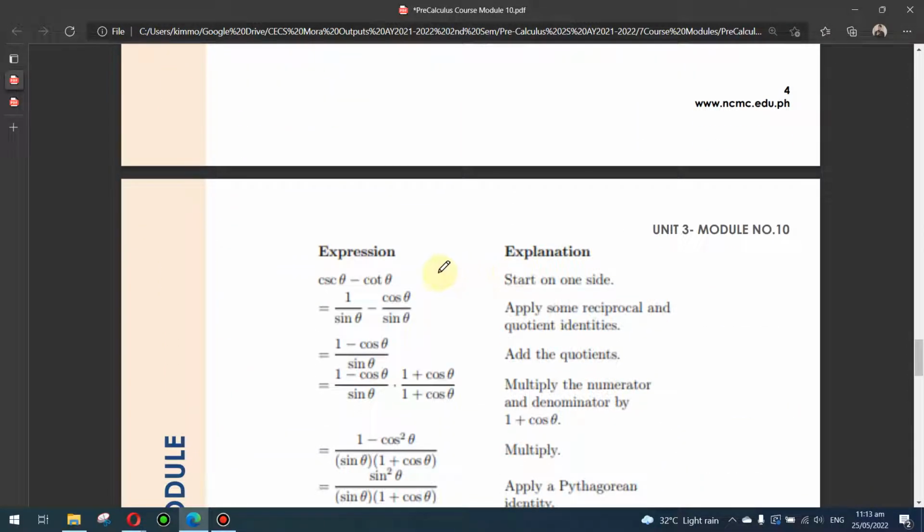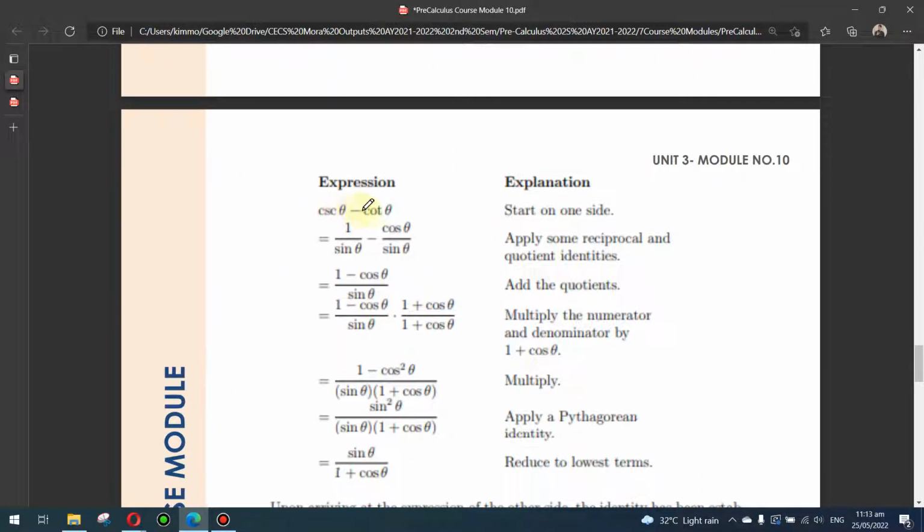Okay, so first, we have cosecant minus cotangent. So, we start with the left side of the equation. Next, we apply some reciprocal and quotient identity. So, apply the reciprocal identity: cosecant is equal to 1 over sine.